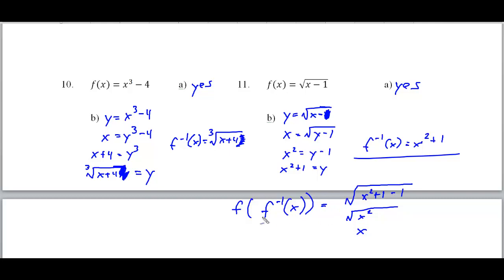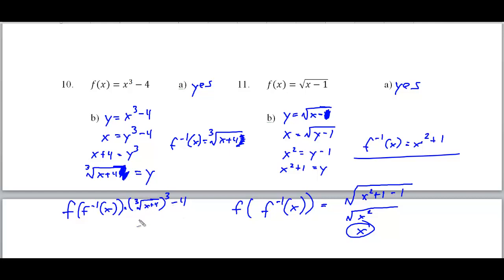So this is the way to check to see if you got these problems right: you can plug your inverse back into your equation and you'll always get the answer of x for each of these problems. It works the same over here. If I plug my inverse into this equation, I would get the cube root of x plus 4, cubed, minus 4.